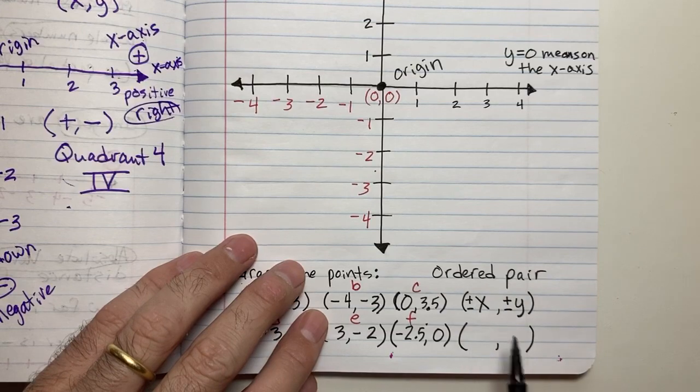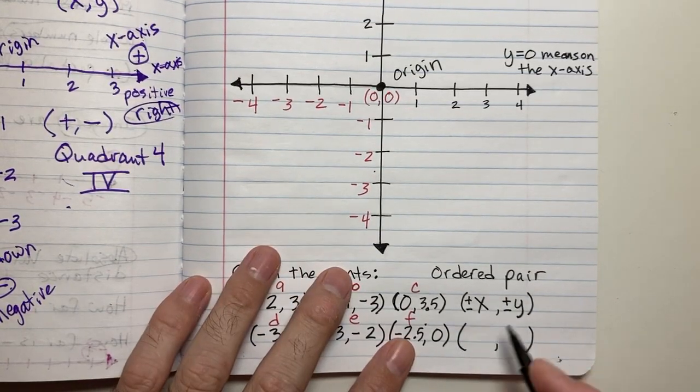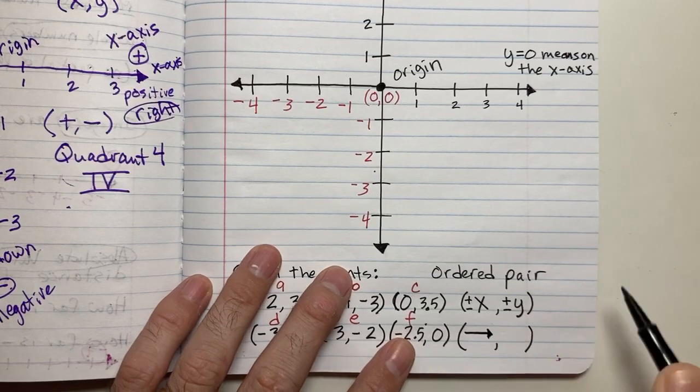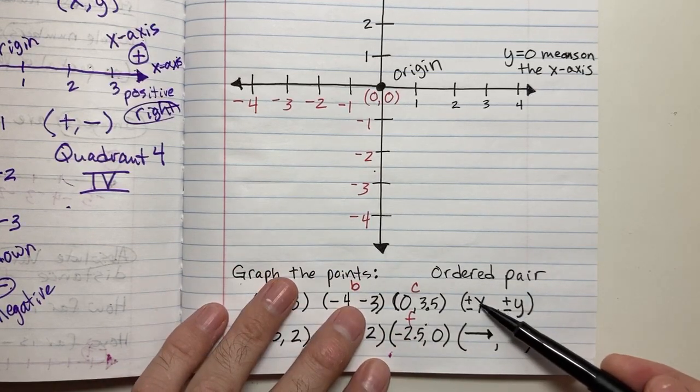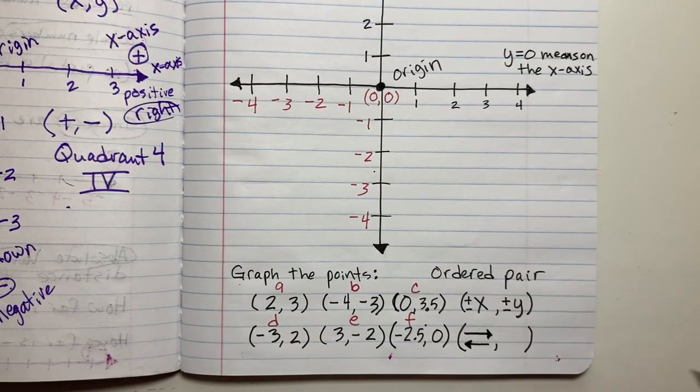I like to teach that if the x value is positive, then we're going to go to the right on the coordinate plane. And if the x value is negative, we're going to go to the left. So the directions just kind of help us out a little bit.